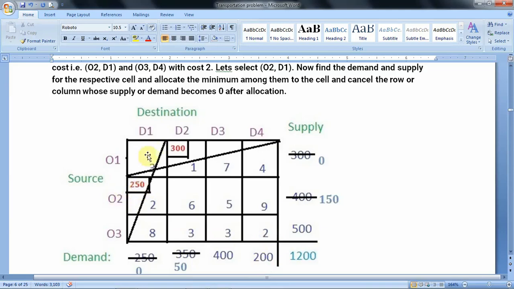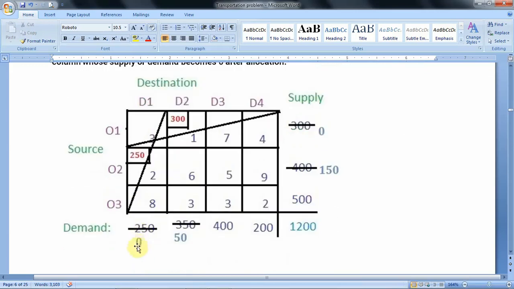That is O2 D1. So allocate 250 units to the O2 D1 cell. Here the 250 units are there, and the demand minus supply is 400 minus 250, the remaining is 150.